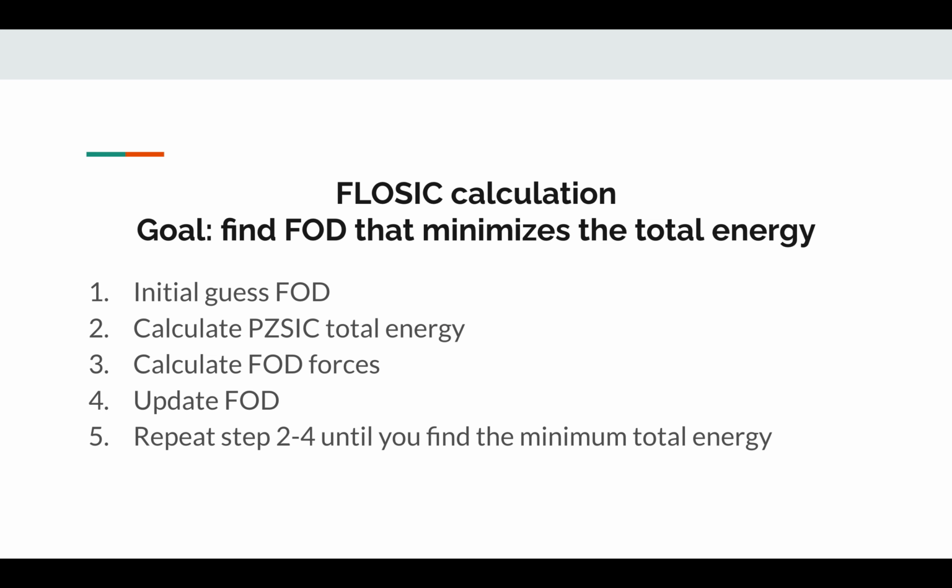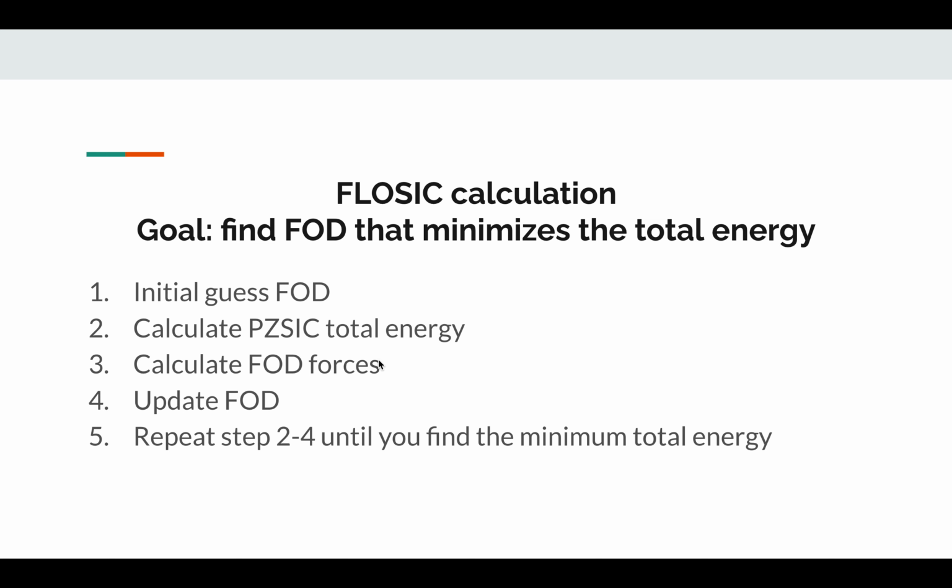So the goal of the FLOSIC calculation is to find the optimum FODs, or the best FODs, that give you the minimum total energies. For that, you start with some initial guess of the FODs first, and then calculate the PZSIC total energy, and then calculate the FOD forces.